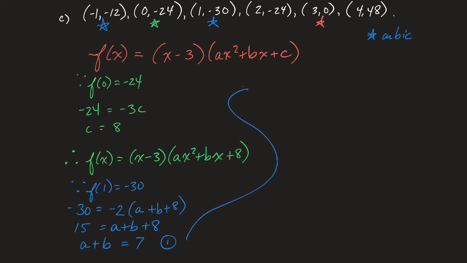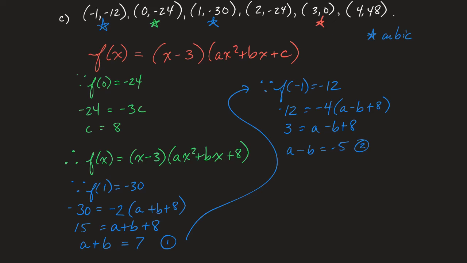Okay, I can do the same thing now and select my other starred point, f of negative 1 equals negative 12, because my function value is negative 12 when I replace all of my x's with negative 1. I can deal with the same thing and simplify it by dividing out that common factor of negative 4. And there is a simplified version of equation 2.